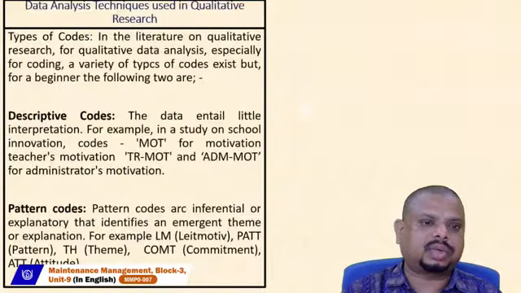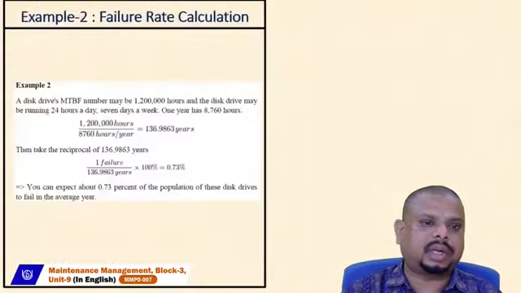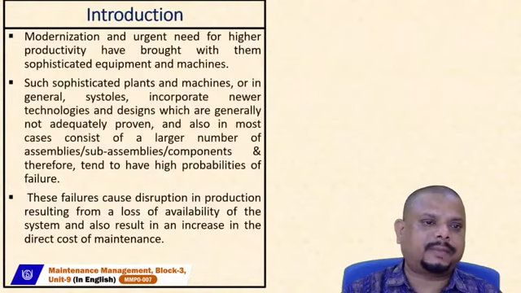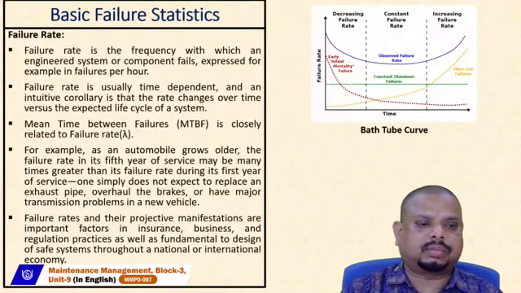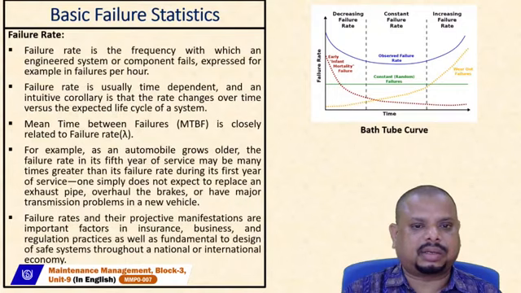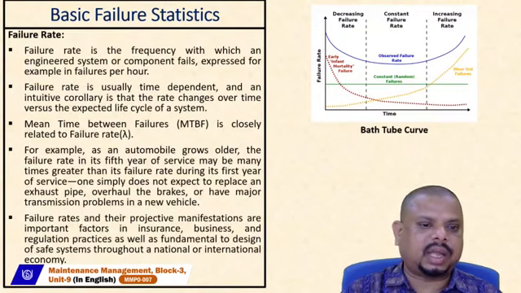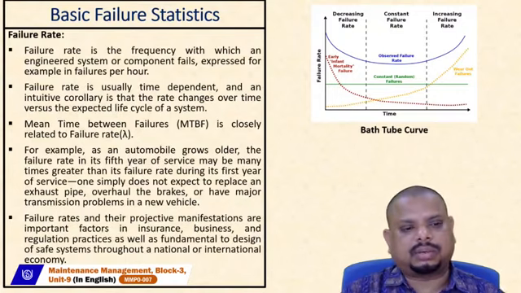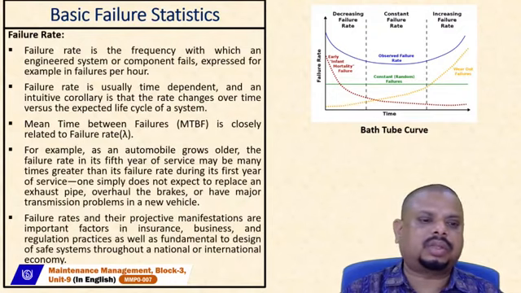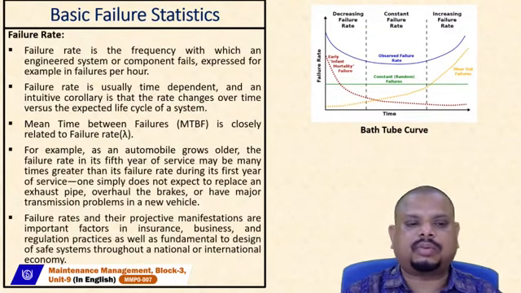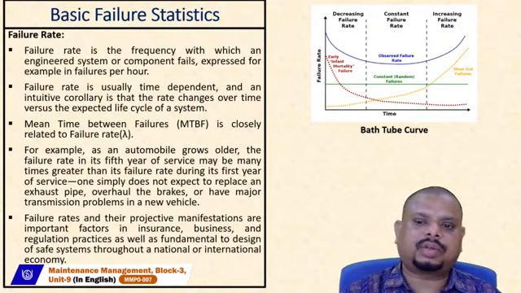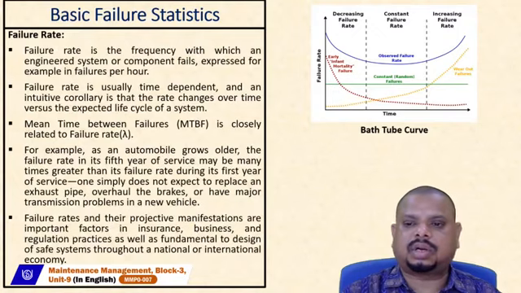In this session, we discussed the fundamental aspects of failure rate, then how this failure rate affects the increase in production, and how this failure rate is closely related to the mean time between failure. With the help of the bathtub curve, we understood the failure rate versus time with respect to 3 parameters: infant mortality failures, constant random failures, and wear out failures.